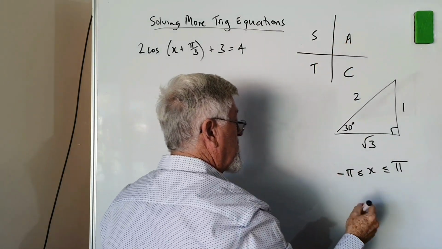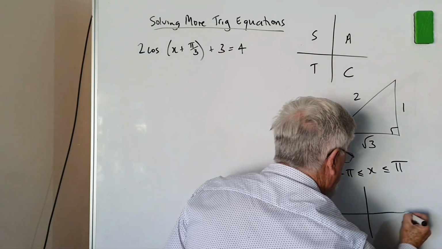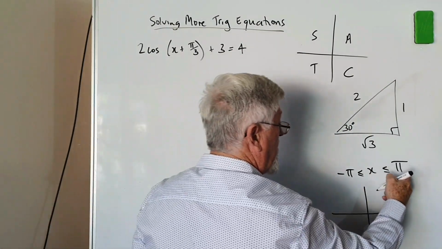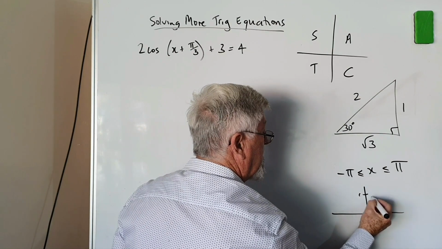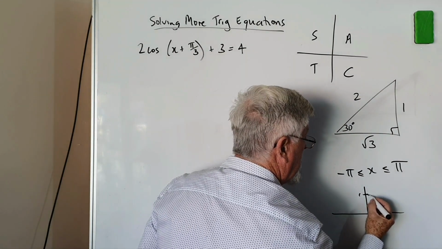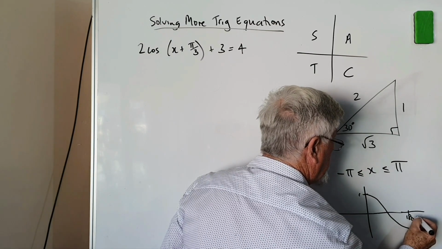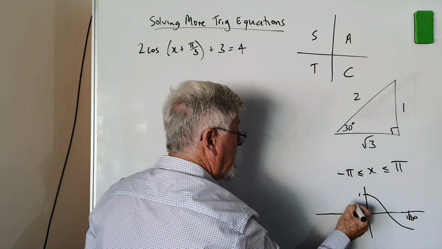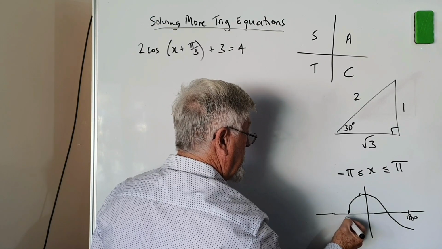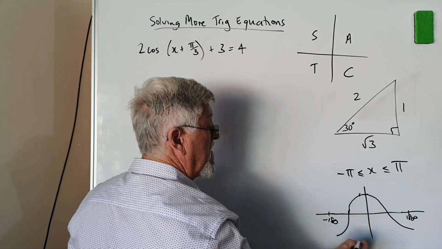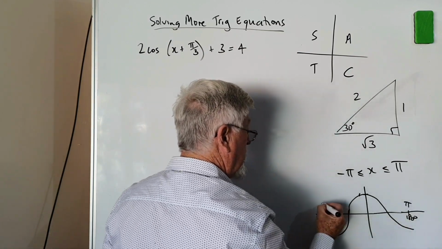If I did a cos graph between minus pi and pi, it starts at 1, goes down to 90 there, and goes down to 180 there. I'm still automatically going to talk in degrees, especially when most people watching this are probably not really used to radians. So there's pi and there's minus pi.